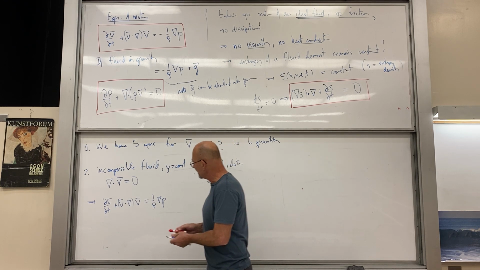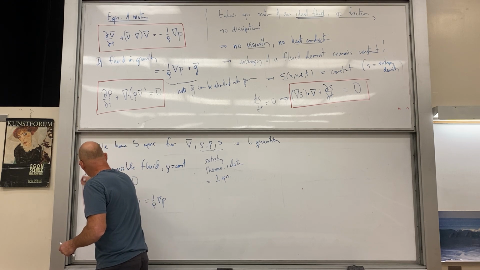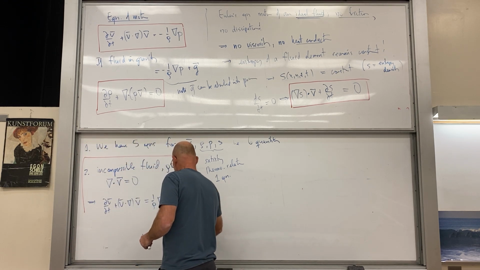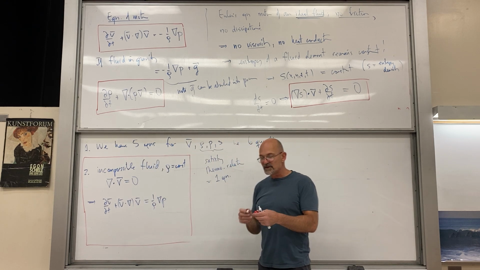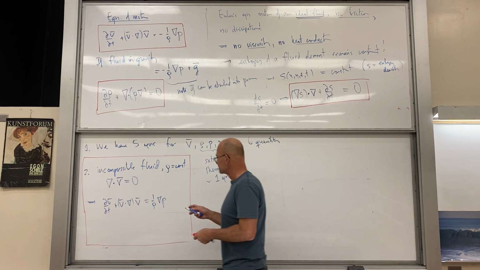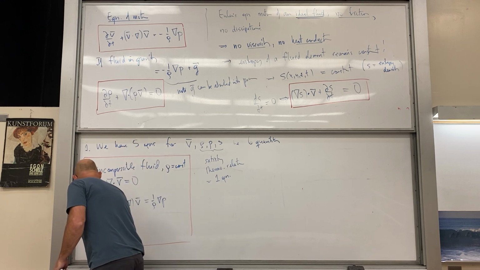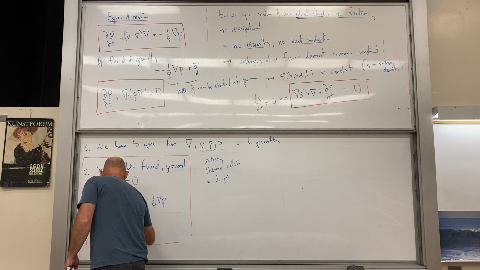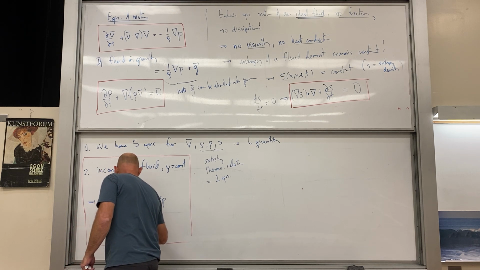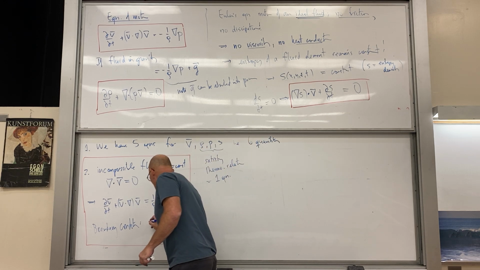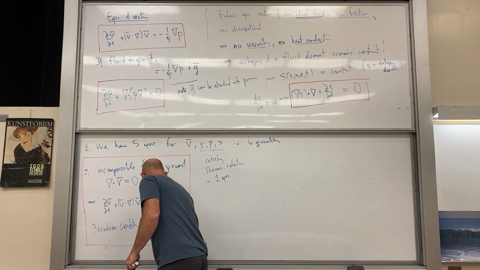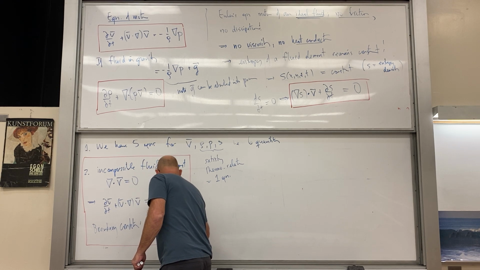So then you have a complete set. I'll put a red box around there. Leave a little room under the red box because I have to mention the boundary conditions. So at some fixed boundary that's not moving, we have v dot n hat equal to 0.